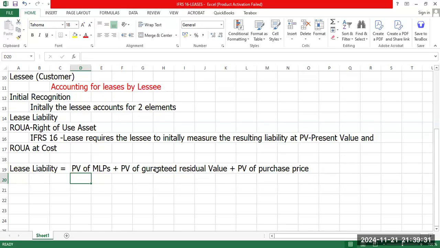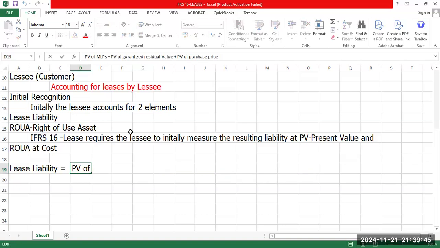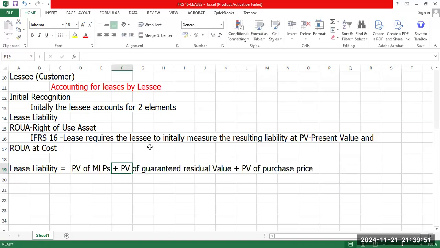Then what is guaranteed residual value? Because you may be wondering now, what is this? I think here the spelling is wrong. Guaranteed residual value means what? I have given you a right to use my asset.